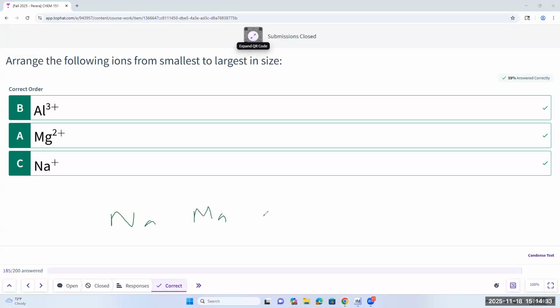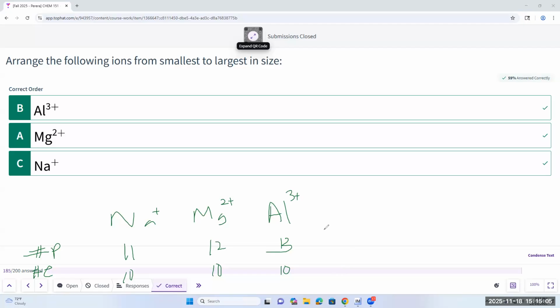Sodium, magnesium, and aluminum are in the same period, I believe, right? So sodium has 11 protons, magnesium has 12, aluminum has 13. Electron-wise, sodium plus has 10, magnesium 2 plus has 10, and aluminum 3 plus has 10 too, right?